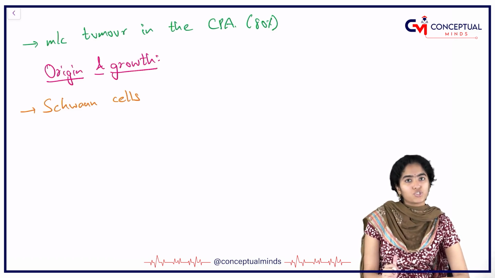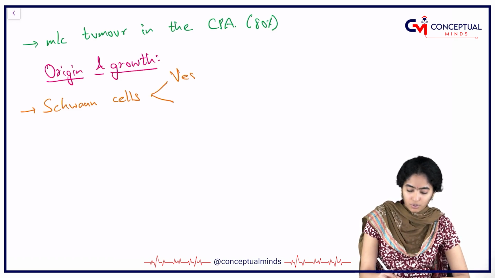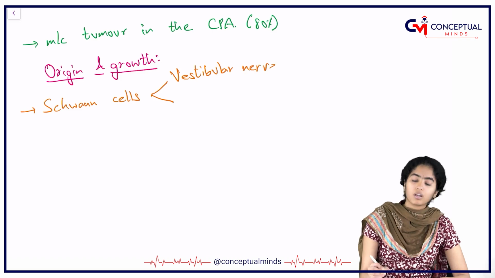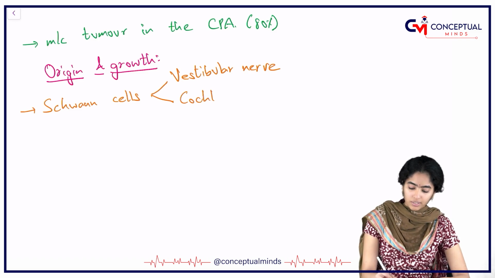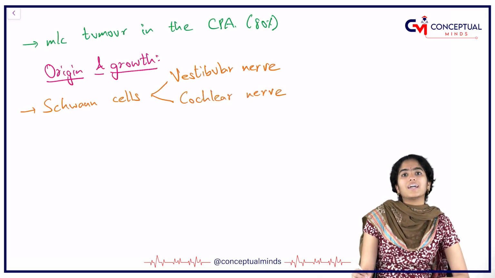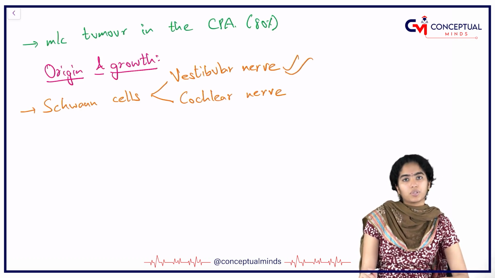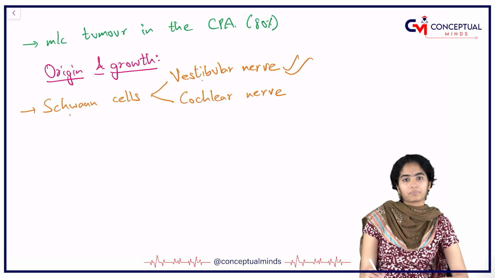Schwann cells of which nerve? Mostly from vestibular nerve, but sometimes also from cochlear nerve. It arises mostly from vestibular nerve. That's why this tumor is also called as vestibular schwannoma.